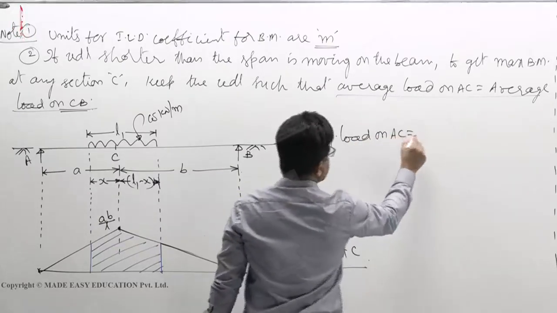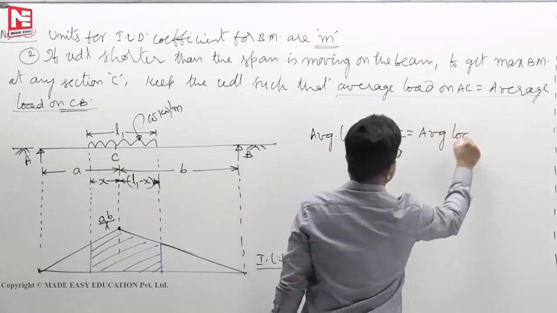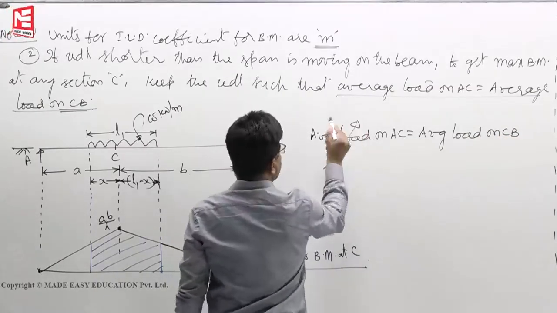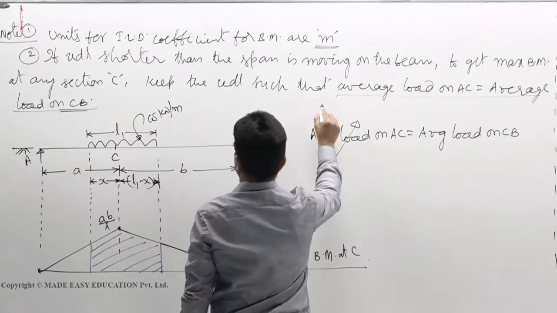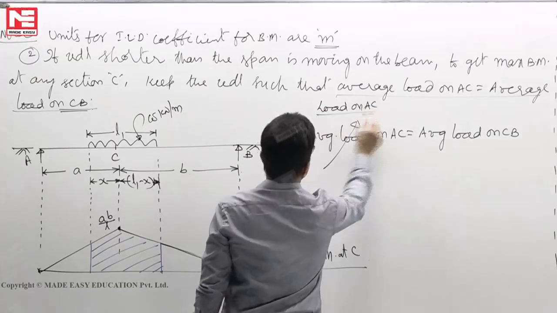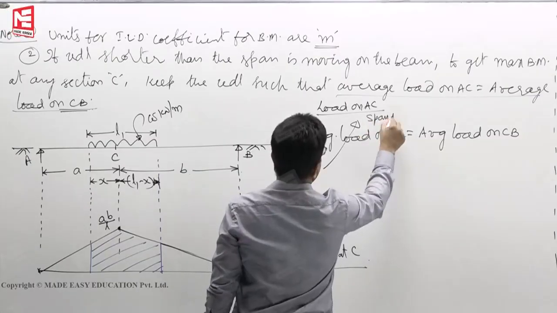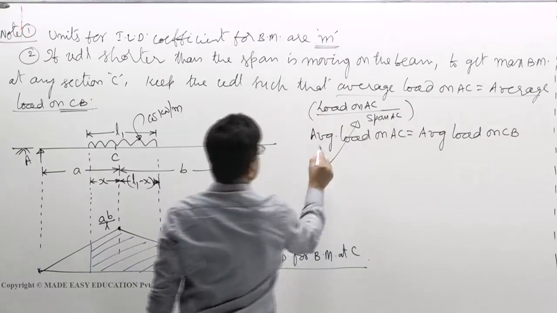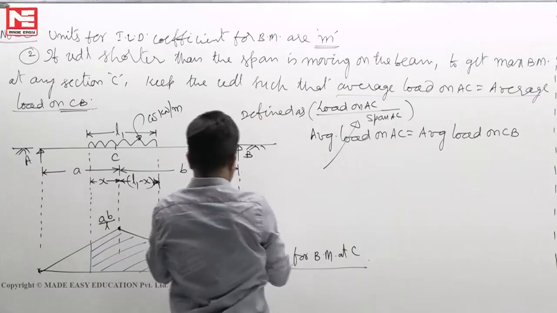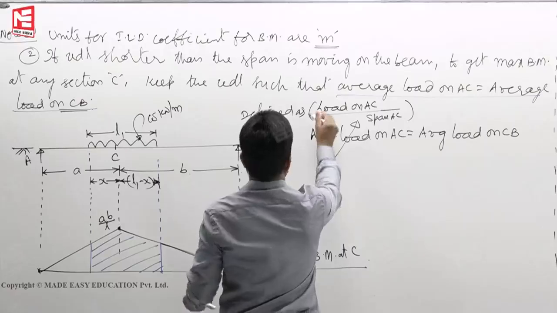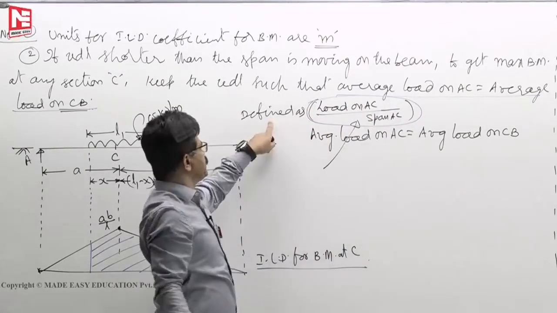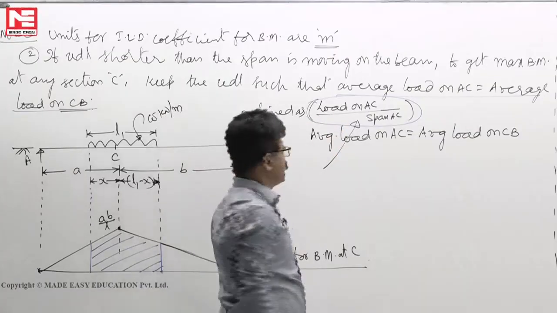Average load on AC is equal to average load on CB. Then how the average load is defined: load on AC by span AC. Average load on AC is defined as load on AC by span AC, like that.